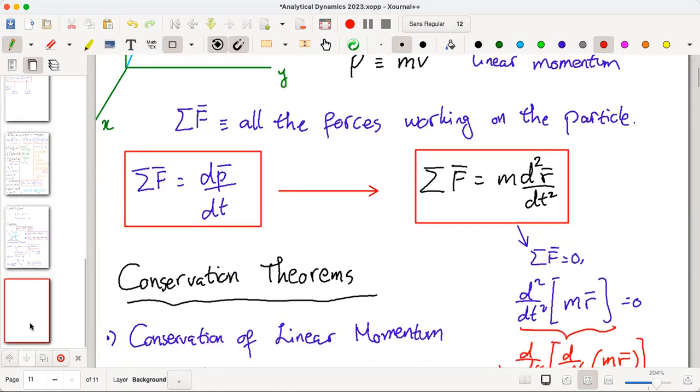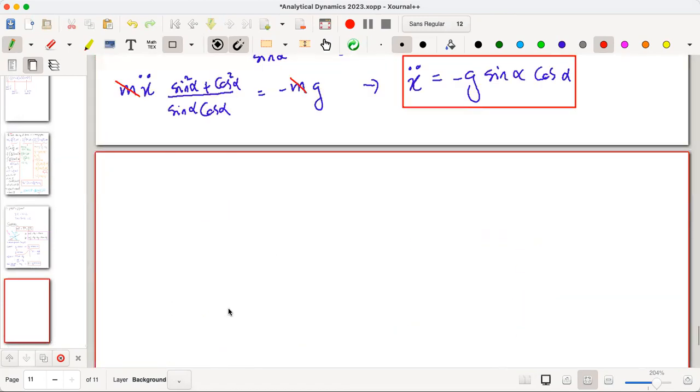Okay, so let me give you another example of constraint. Suppose I have a ball or a bead, a bead of mass m. You know a bead, yeah. A bead is like a particle that is pierced by a wire.